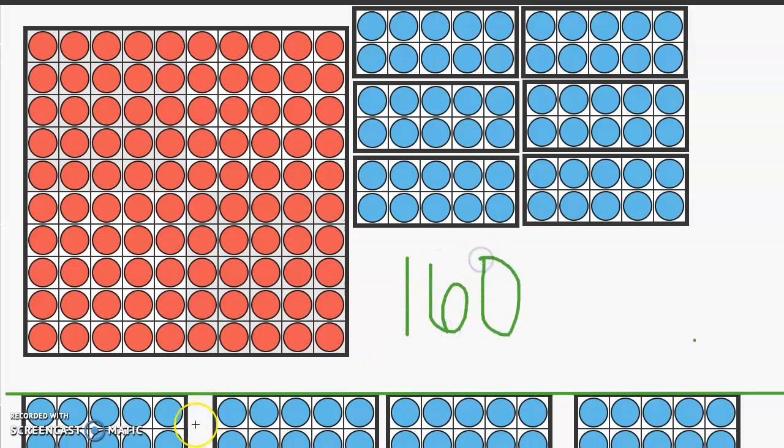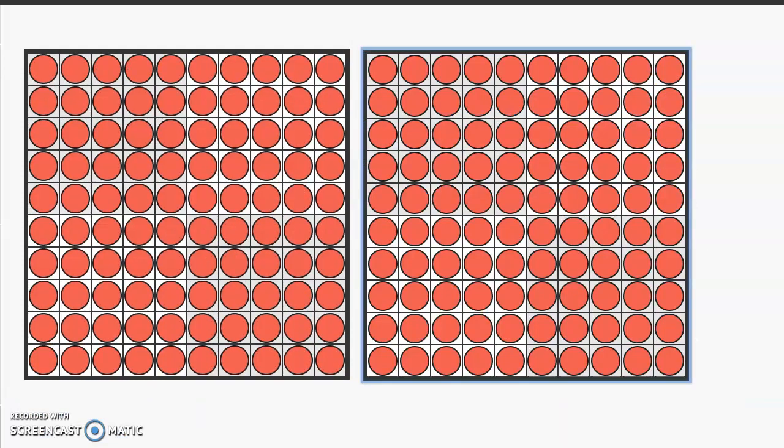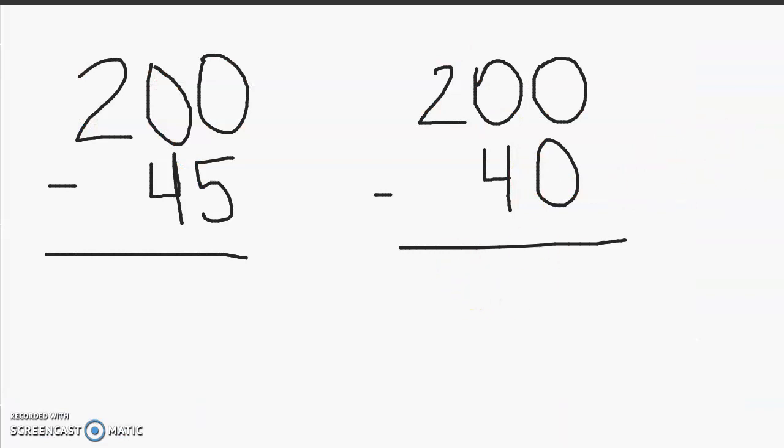They can check their answer. They changed it to 200 minus 40. They took away 40, so their answer is 160. They go back and then they add their answer, 160.